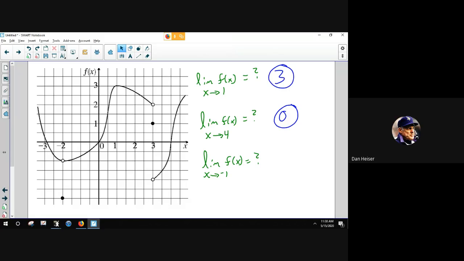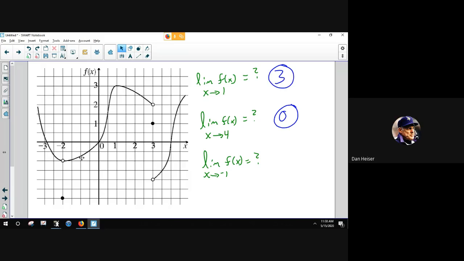Next one. Find the limit of f of x as x approaches negative 1. Here's x equals negative 1. Follow the path. As x approaches from this side, we'll estimate that to be halfway between 1/2 and 1.